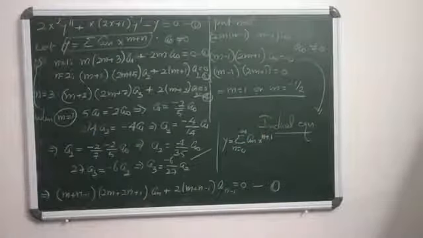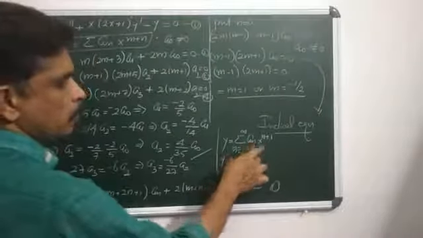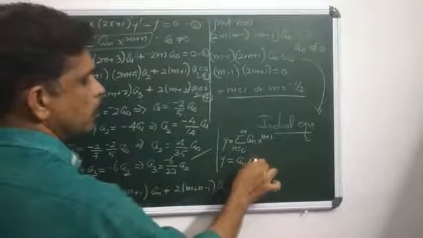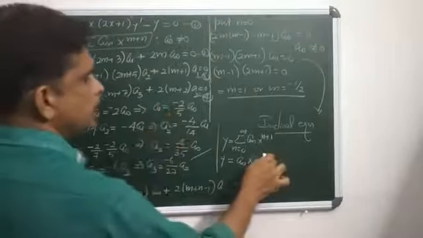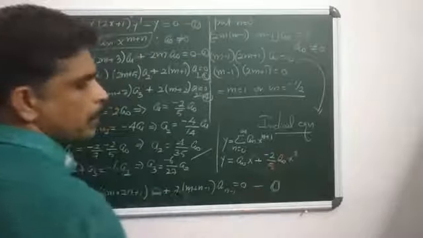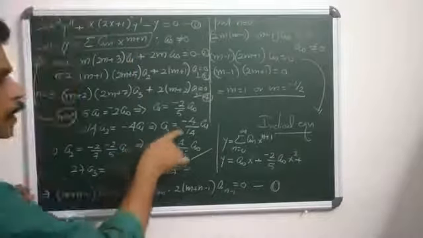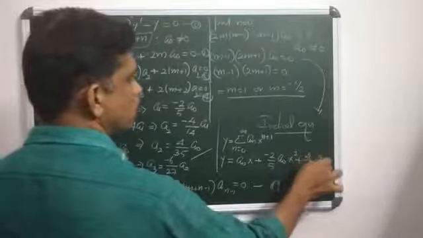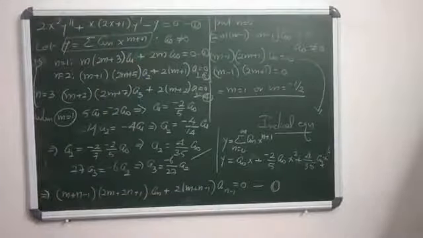So the solution is y equals first term a0 into x power, n is 1, a0 into x plus a1. What is a1? That is in terms of a0, minus 2 by 5 a0 into x square plus a2. a2 is again in terms of a0, that is 4 by 35 a0 into x cube plus etc. So this is one of the solutions.